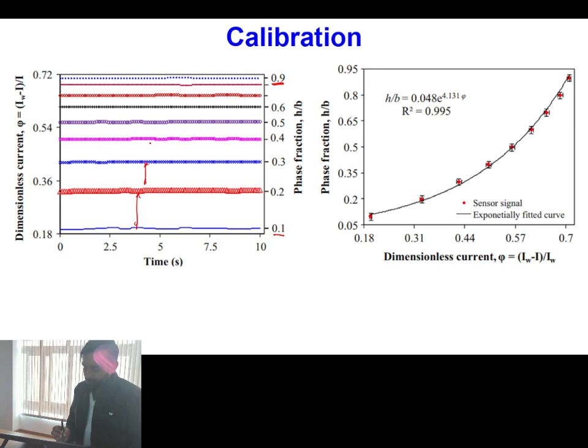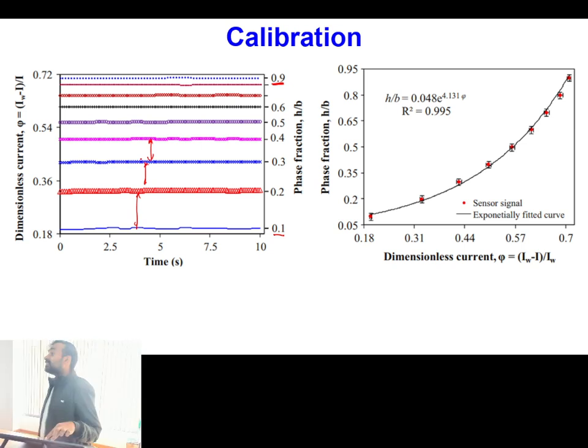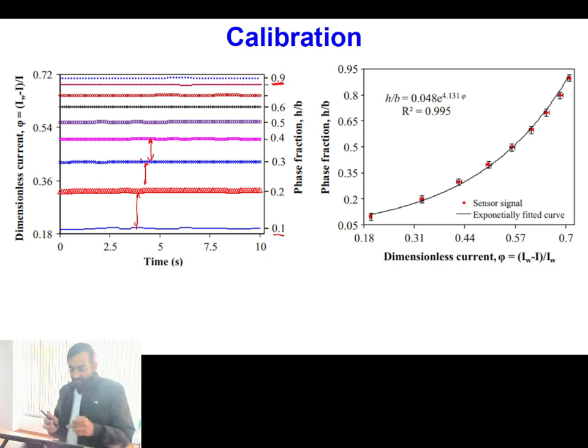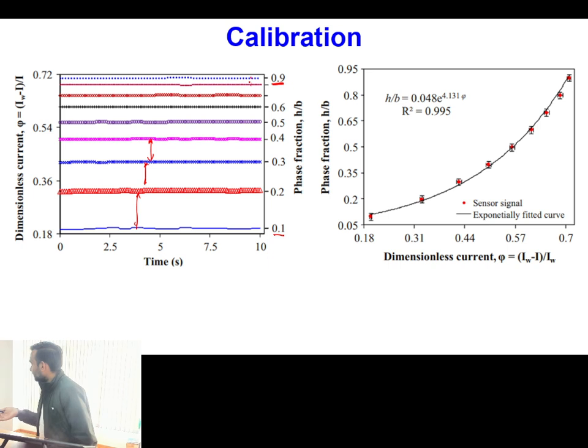Initially your signal is more sensitive to a slight change in height. But later on, between these two steps, the change is less. Change is less means the sensitivity of the sensor has decreased. Is this point clear?